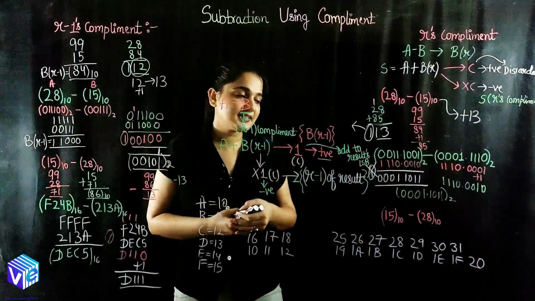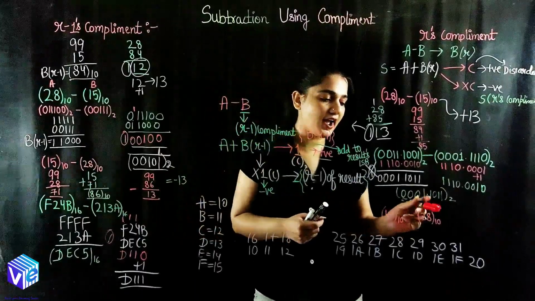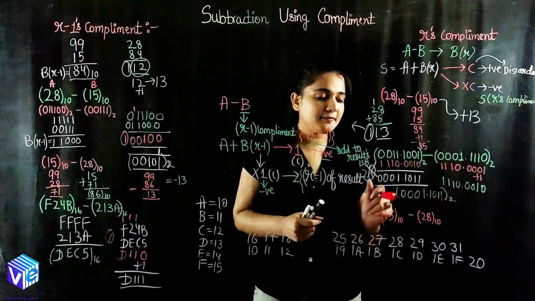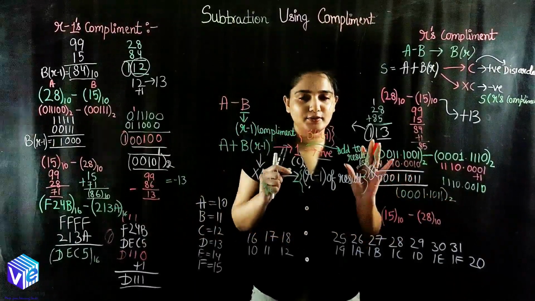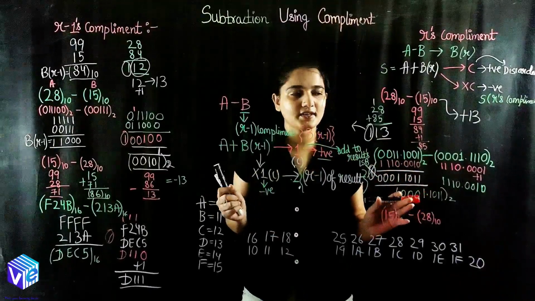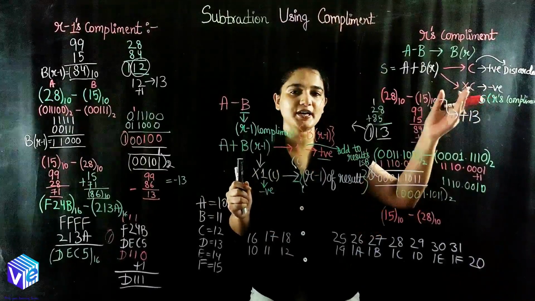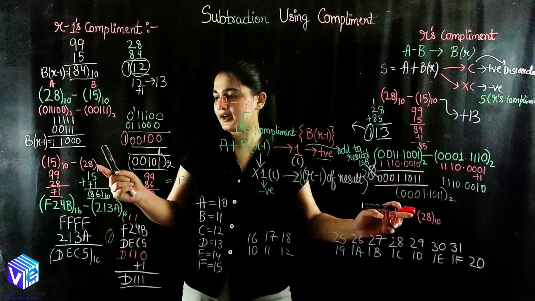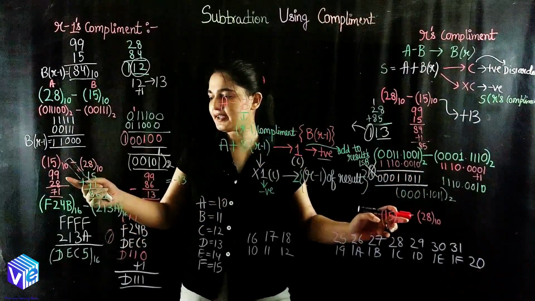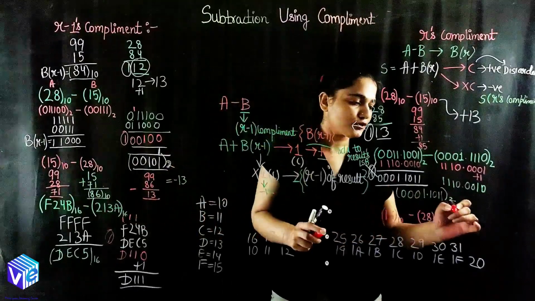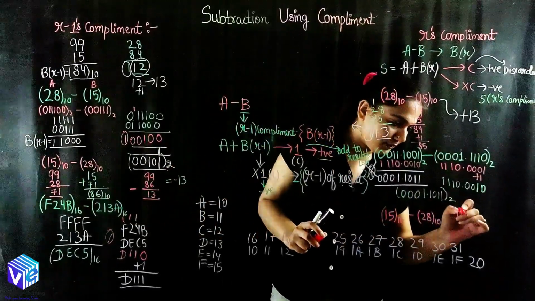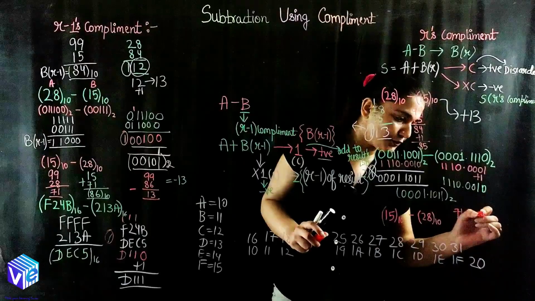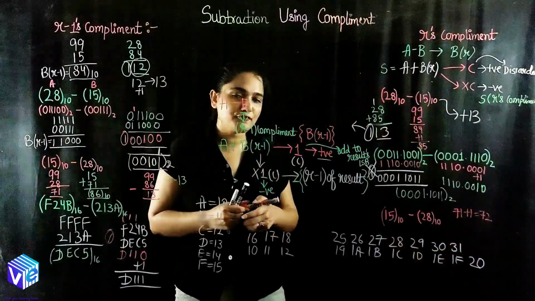Now the last example. Here we have to find 15 minus 28. So you know that this is a negative result and we will be checking the second property of r's complement. Here we have already taken the r's complement of 28. So it was 71. So 71 plus 1 is equal to 72, the r's complement of 28.